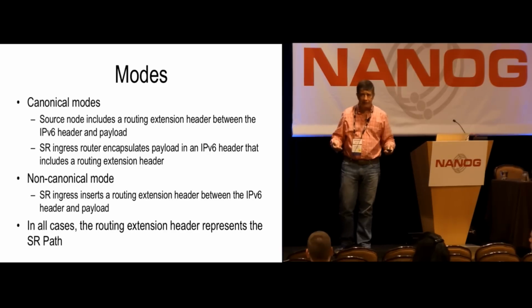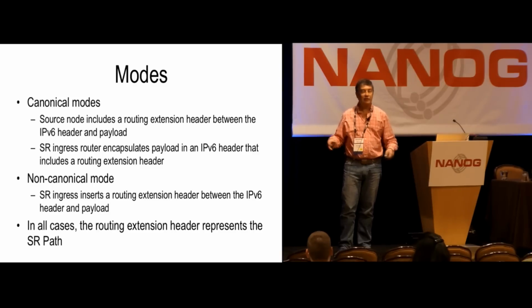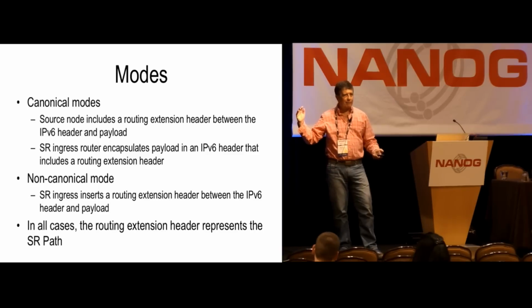Another possibility is that the packet originates on your laptop. It's not MPLS, it's not SR aware. It goes a few hops and it hits an SR ingress router. The SR ingress router encapsulates that packet in an IPv6 packet that has a segment routing extension header. Those are the two canonical modes.